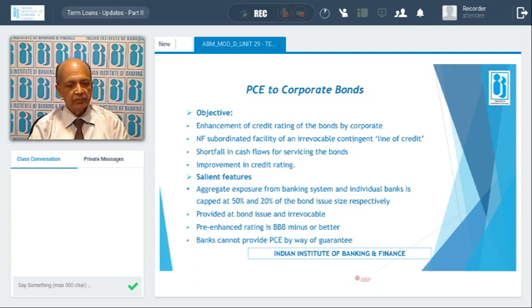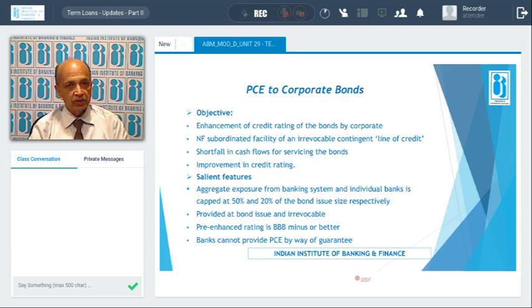This is by way of a non-fund based, subordinated facility, an irrevocable contingent line of credit. You may know what a line of credit is. It is a non-fund based one, and please remember, it is irrevocable.